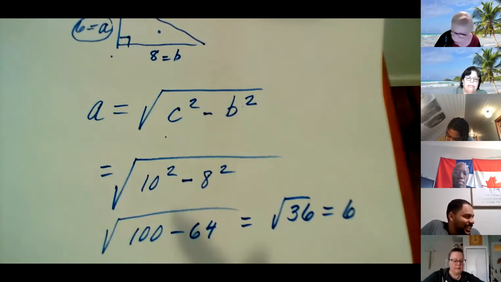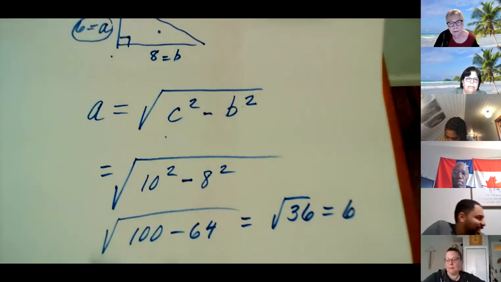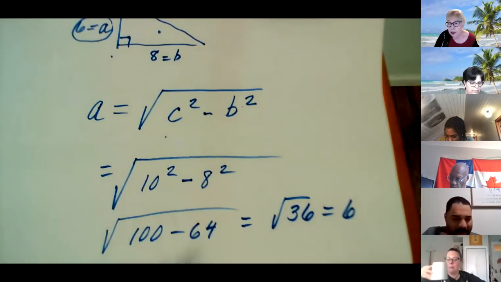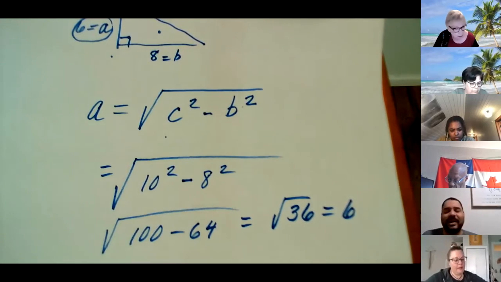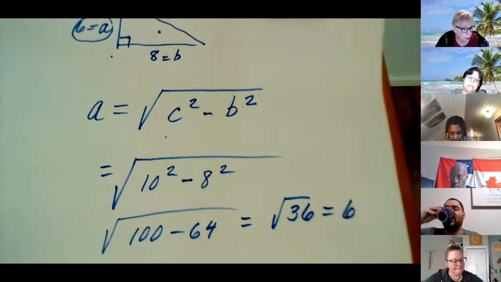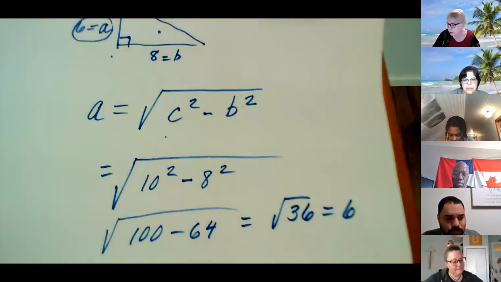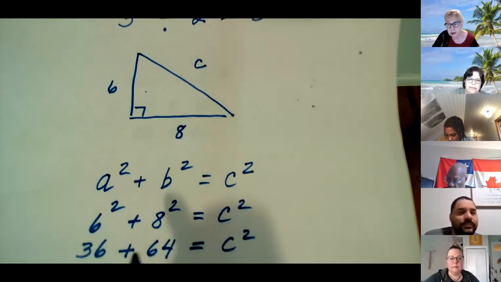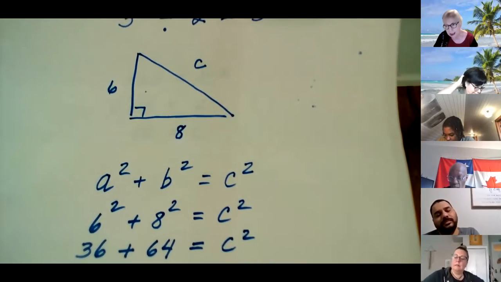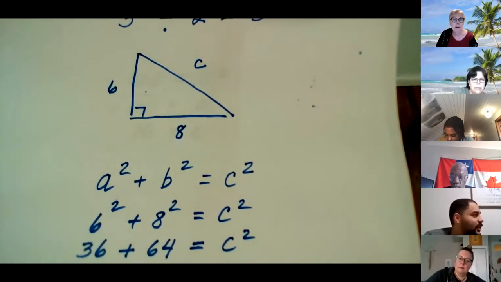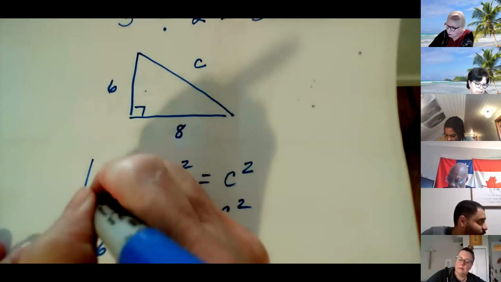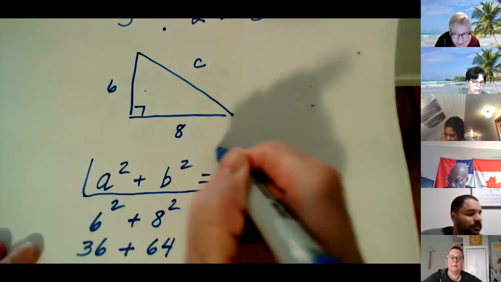Does anybody have a question on that? Because somebody may have done it this way using their formula. But the truth of the matter is that it all boils down to this. A squared plus B squared equals C squared. If you only have to remember one little thing, and I don't want to remember 5 things, I want to remember one.